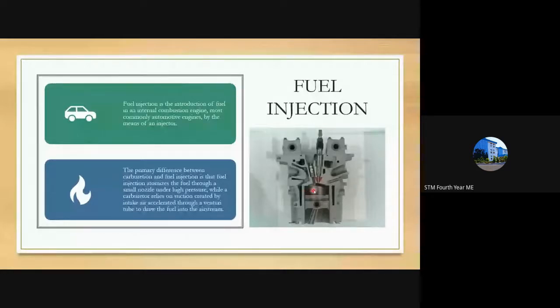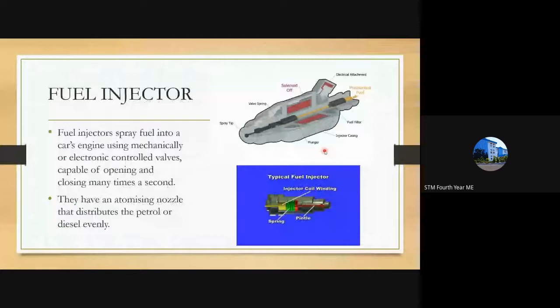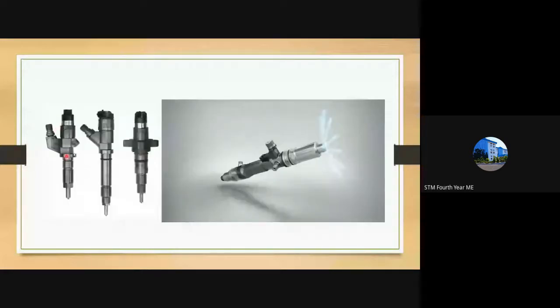That fuel injection is done by means of a fuel injector. So here you can see the fuel injectors. This is how it looks in the vehicle. You can see how the fuel injector injects the fuel.